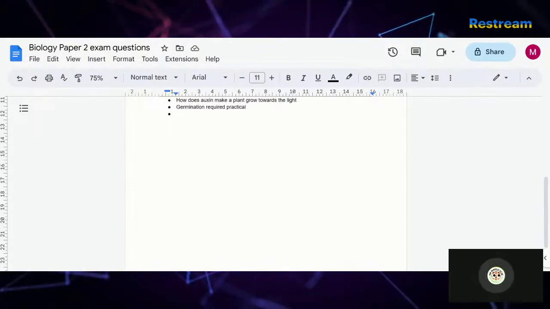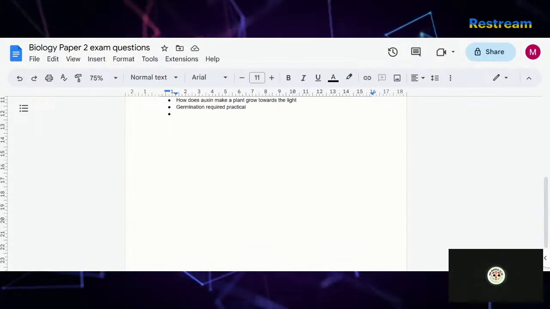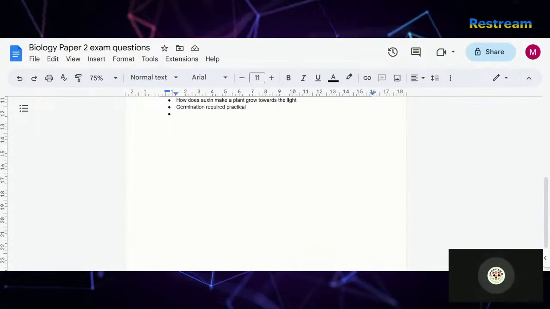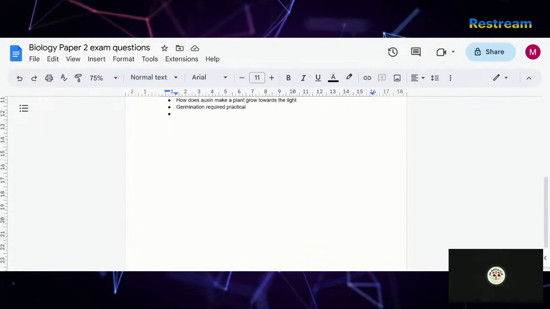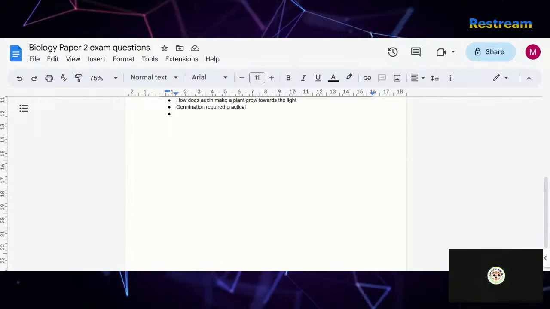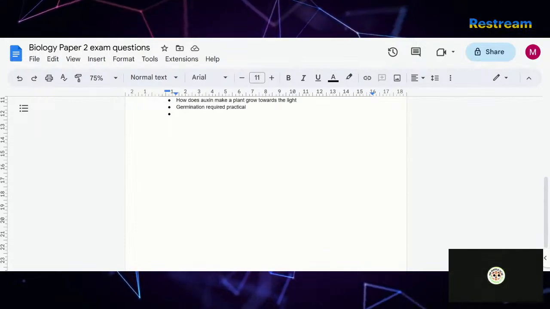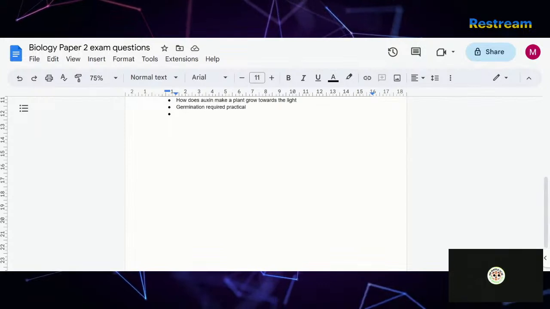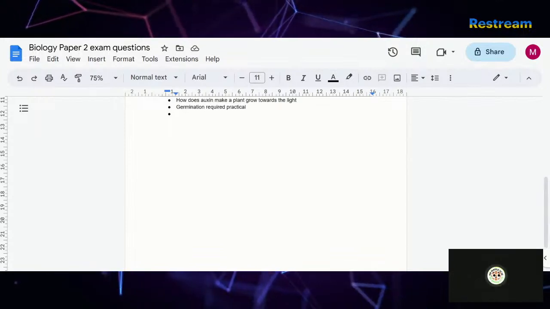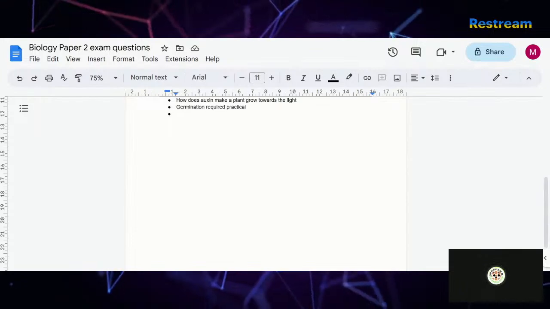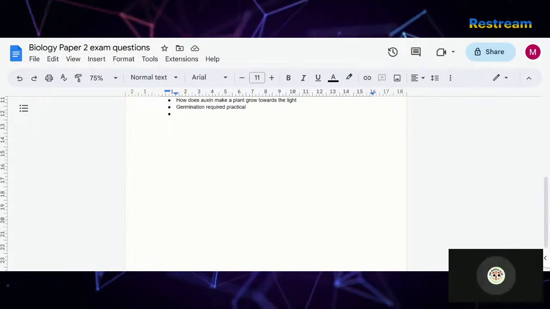So now let's look at the different things. So first of all, you're going to place cotton wool in 3 petri dishes and soak them in each equal volumes of water. So let's draw this out. So we have 3 petri dishes.